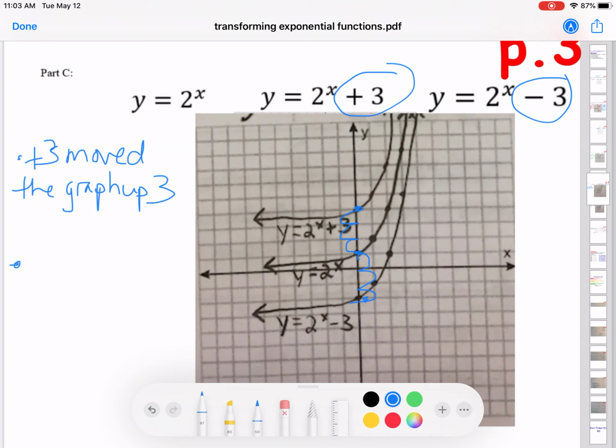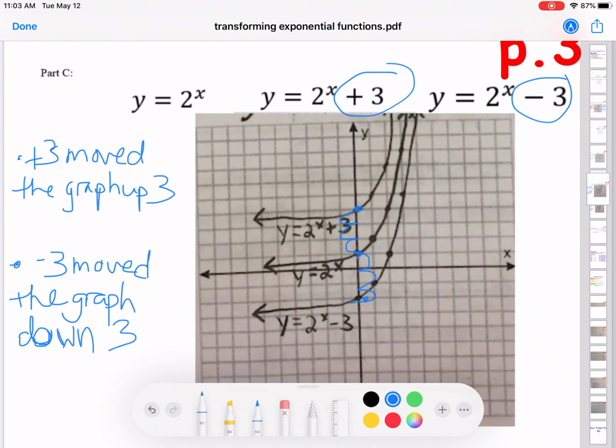It just literally moved the graph straight up or straight down. So you'll notice here that now when we put a constant number on the end, if that number is positive, it moves the graph up. If it's negative, that moves the whole graph down.